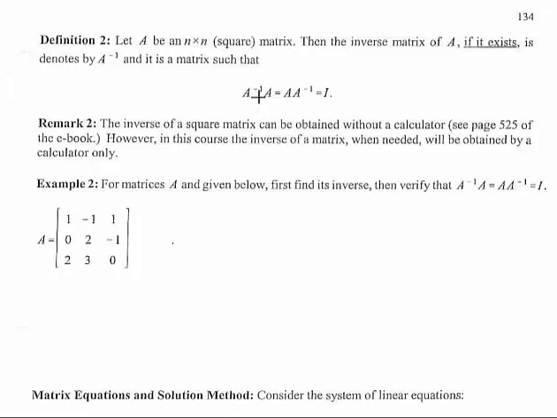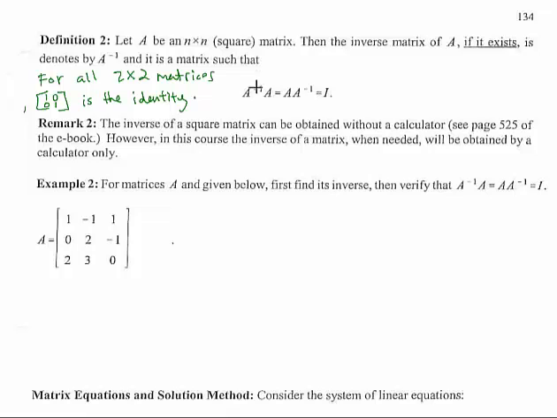So for all 2 by 2 matrices, the matrix 1, 0, 0, 1 is the identity.